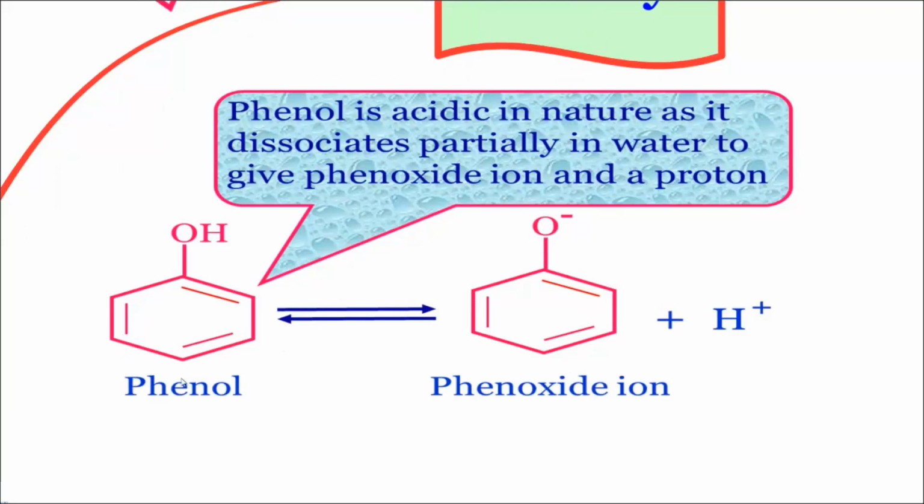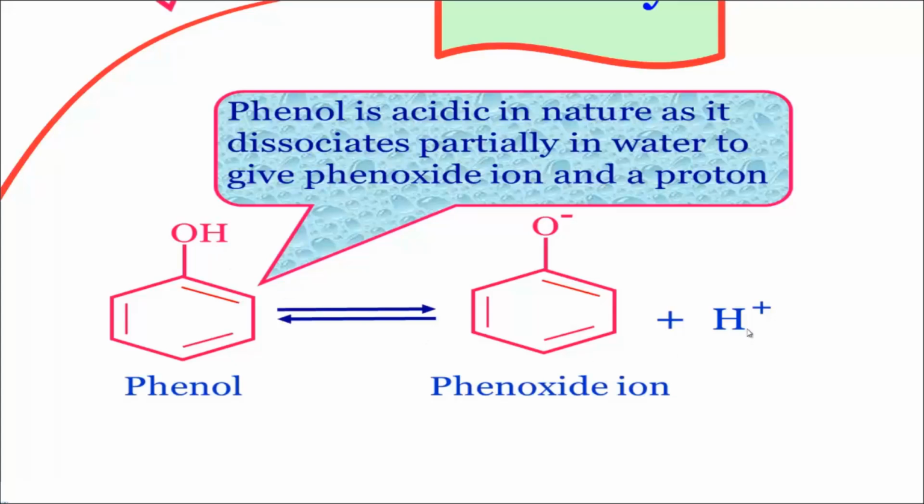Phenol, that is C6H5OH, when put in water dissociates forming phenoxide ion. Phenoxide ion is a benzene ring linked with O minus, because the OH bond of the phenol breaks here.